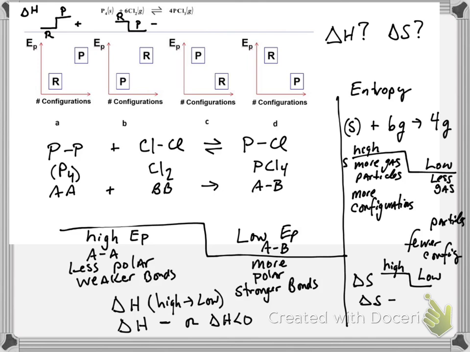So if we do that, what we see is for A, reactants low, products high. B is going products low, reactants high. C is going reactants low, products high. And then D is going reactants high, products low.